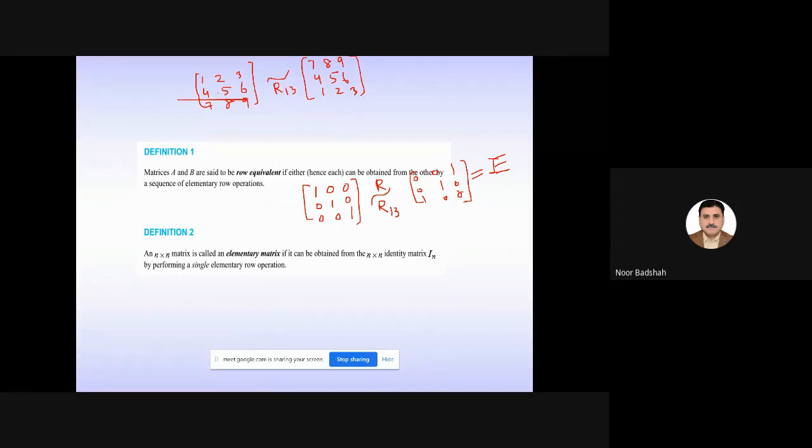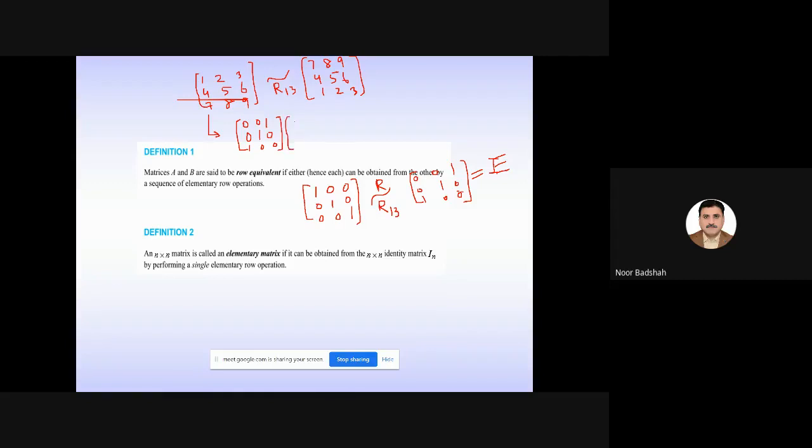We interchanged two rows, row number 1 and row number 3, but in fact we multiplied this matrix by what? By the elementary matrix. You see, 0, 0, 1, 0, 1, 0, and 1, 0, 0.